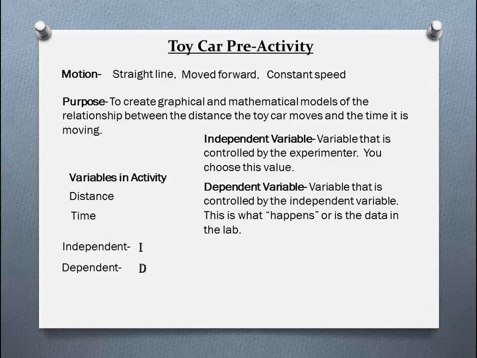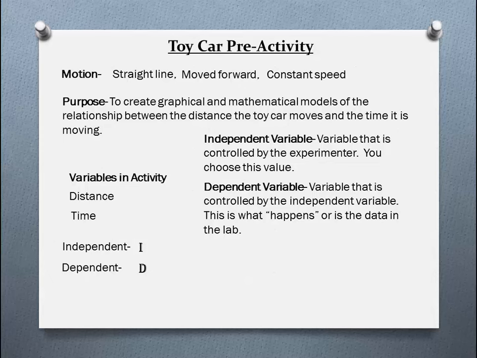So we have to choose right now which is going to be our independent variable and which is our dependent variable. Now in most labs that you would create on your own, you really have the choice to do that either way. I'm not going to let you choose because I want to make sure that everybody in the class has the same data, has the same type of graph, so that when we talk about it and relate it to the math concepts that we're moving forward, we have the same thing.